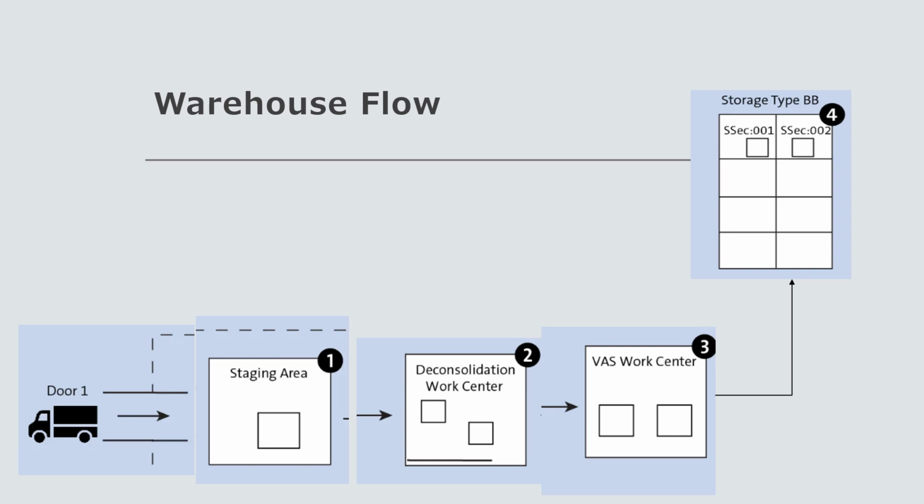Then we unload this in the GR zone, and the staff takes it into the deconsolidation work center. For example, for the electronics, let's take a laptop. If the laptop needs to be combined with chargers, that happens in the value added services.